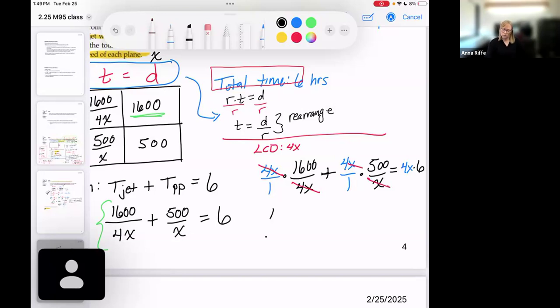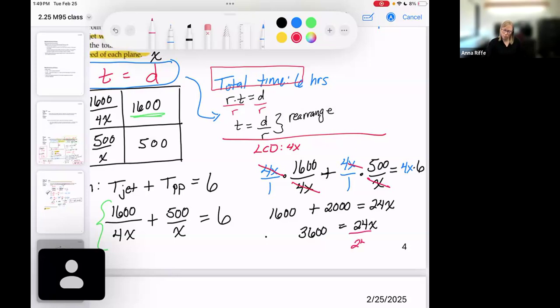1600 plus 4 times 500 is 2000. I don't have any x's remaining on the left-hand side. Is equal to 24x, it looks like. 1600 plus 2000 is 3600 equals 24x.